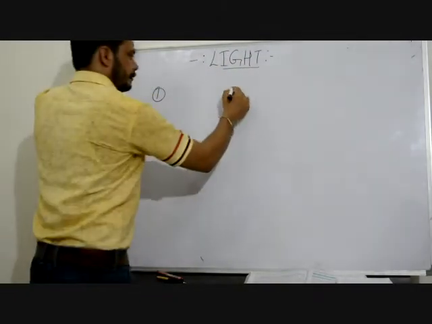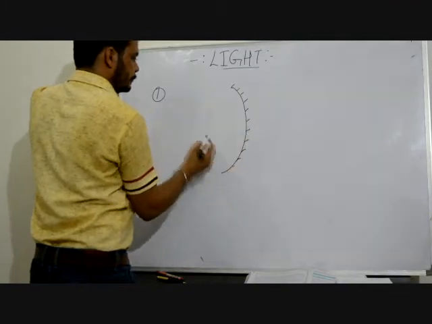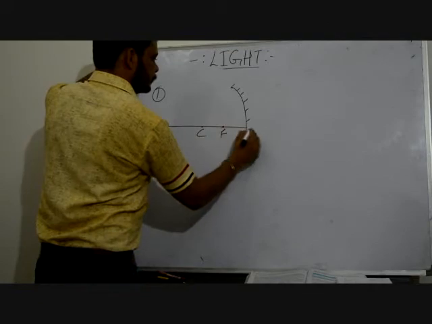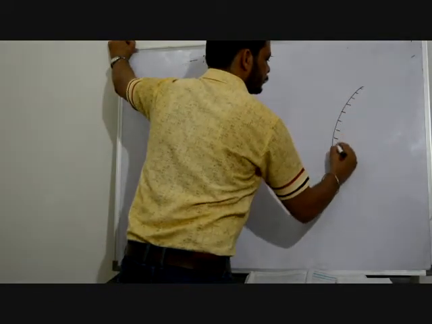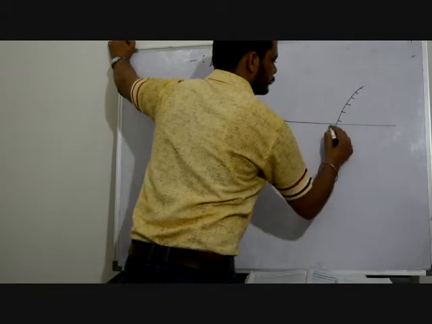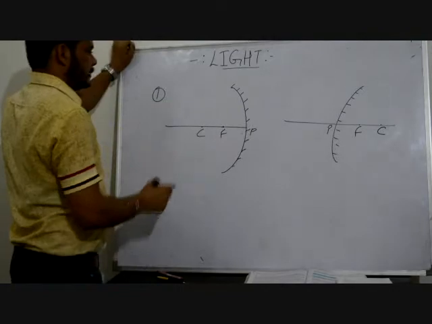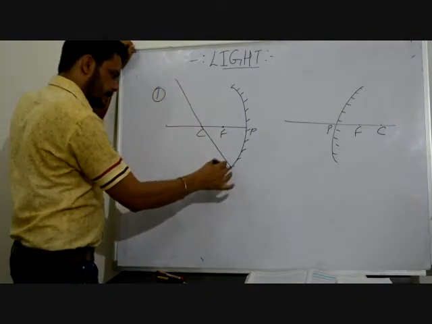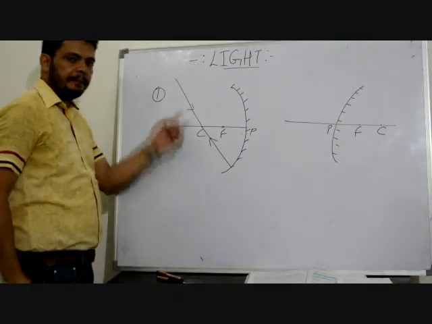The third law is, if you have again a convex mirror, any ray which comes toward the center of curvature comes back along the same path.